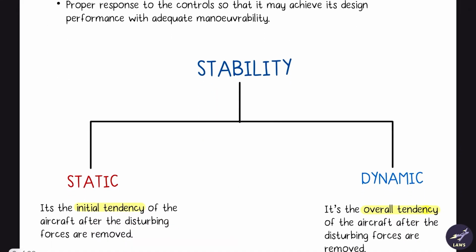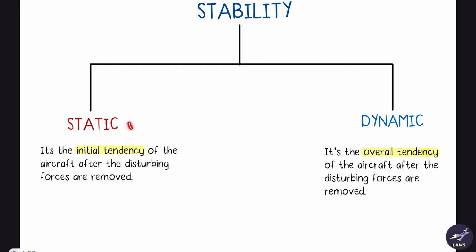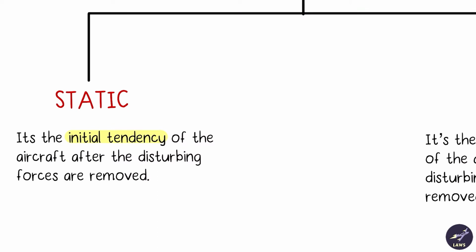So stability is static as well as dynamic. So static is the initial tendency of the aircraft after the disturbing forces are removed. Like, what is its initial tendency? Is it to come back to equilibrium, or to stay neutral, or to become unstable?